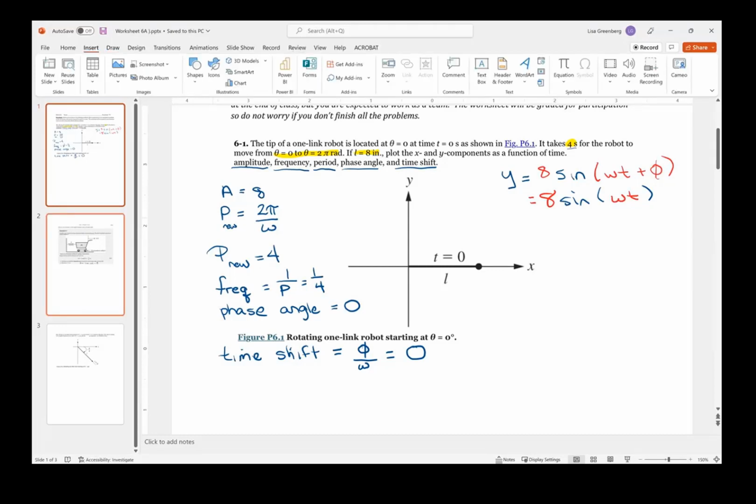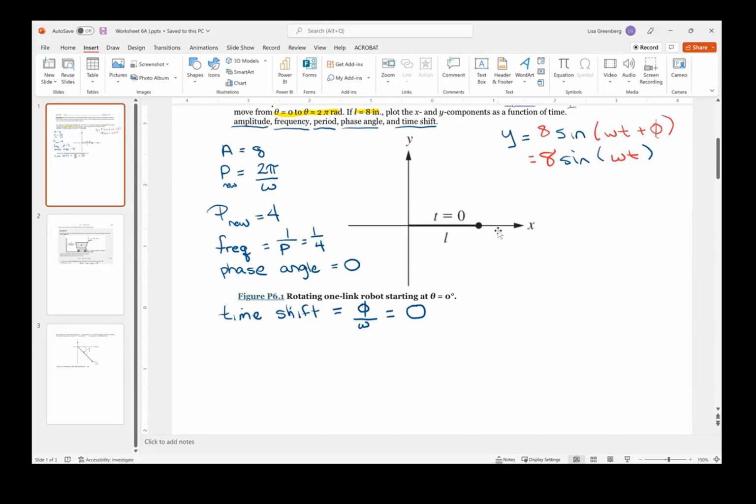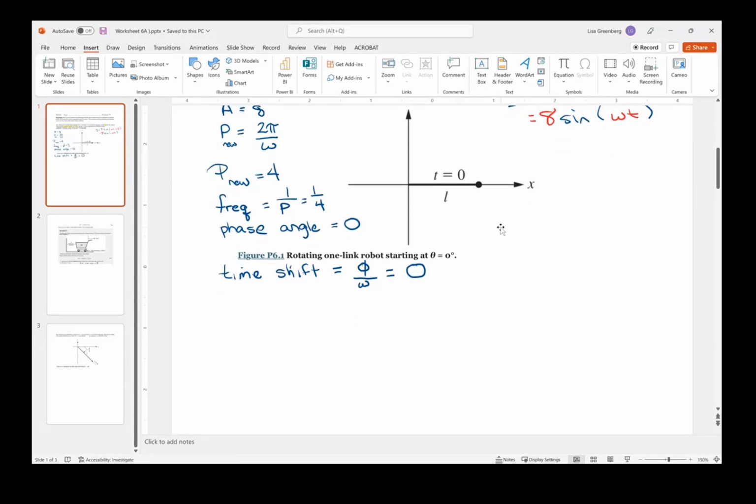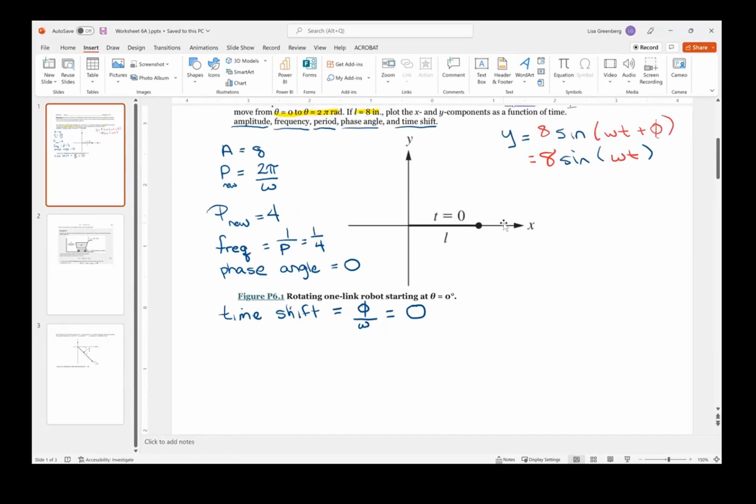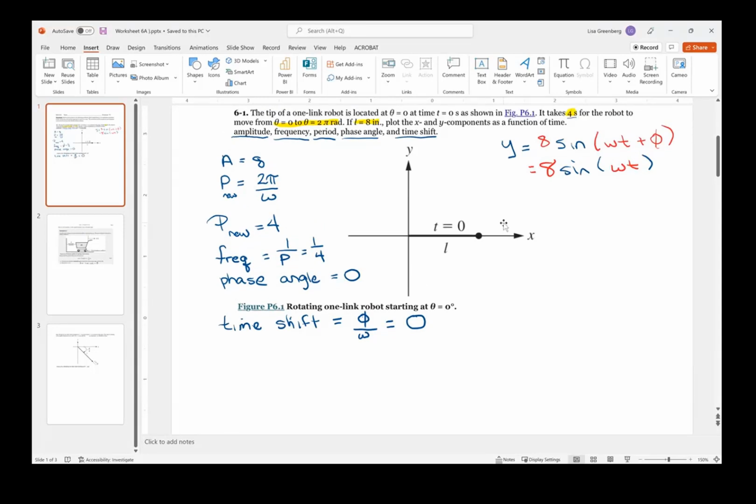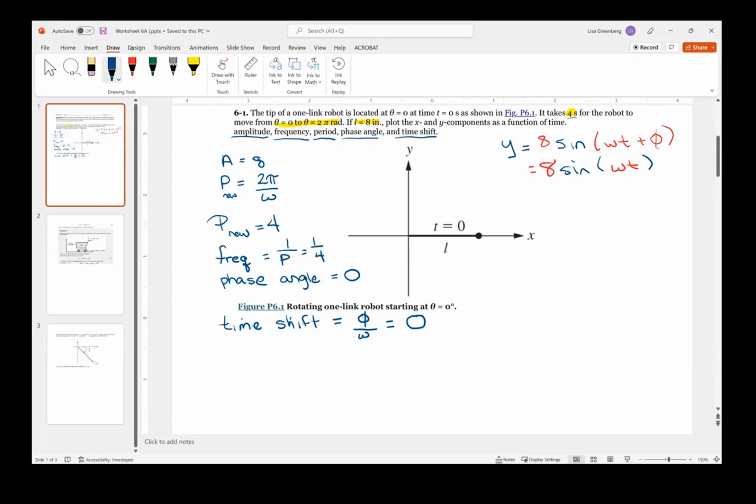Now, the last thing we want to do is graph it. We didn't find omega, I'm sorry. But we do know that the period equals 2 pi over omega, and we know the period equals 4.